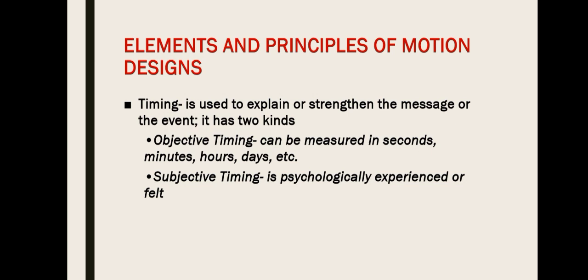And last is timing. It is used to explain or strengthen the message or the event. It has two kinds. Objective timing can be measured in seconds, minutes, hours, days. Subjective timing is a psychological experience, or felt.